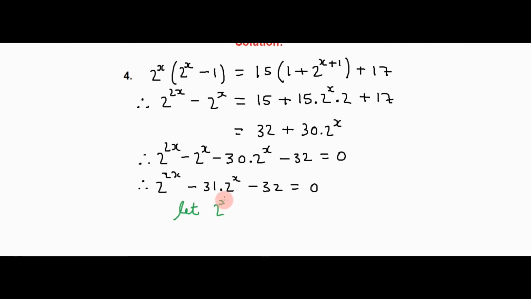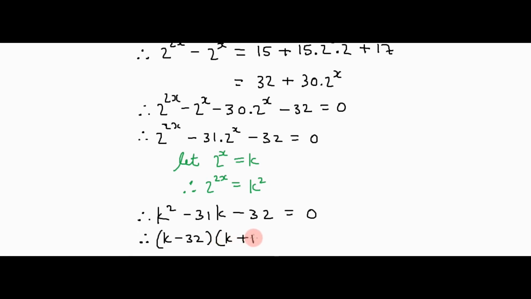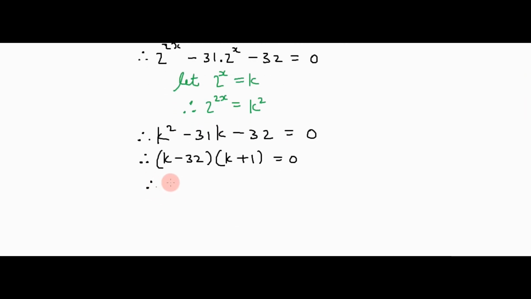We can let 2 to the x equal k, and hence 2 to the 2x will equal k squared. We can substitute the k's into the equation. So we get k squared minus 31k minus 32 equals 0. Now we can factorize. And solving for k, k equals 32 or k equals negative 1.